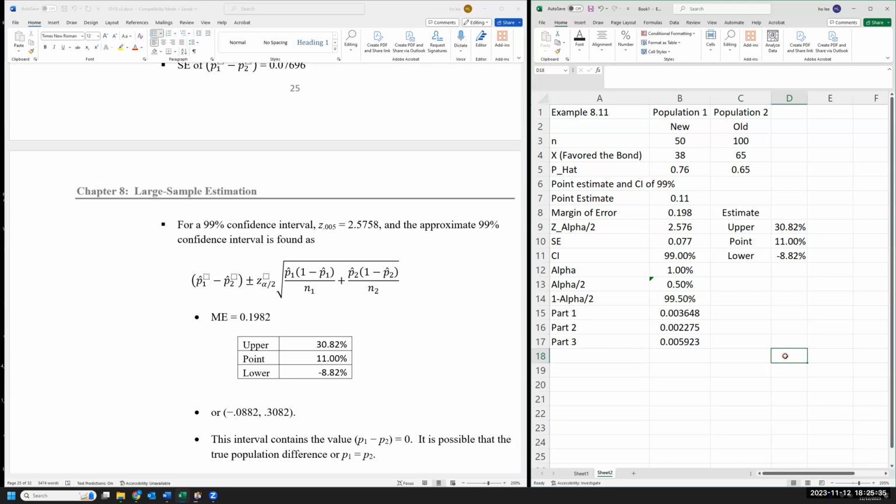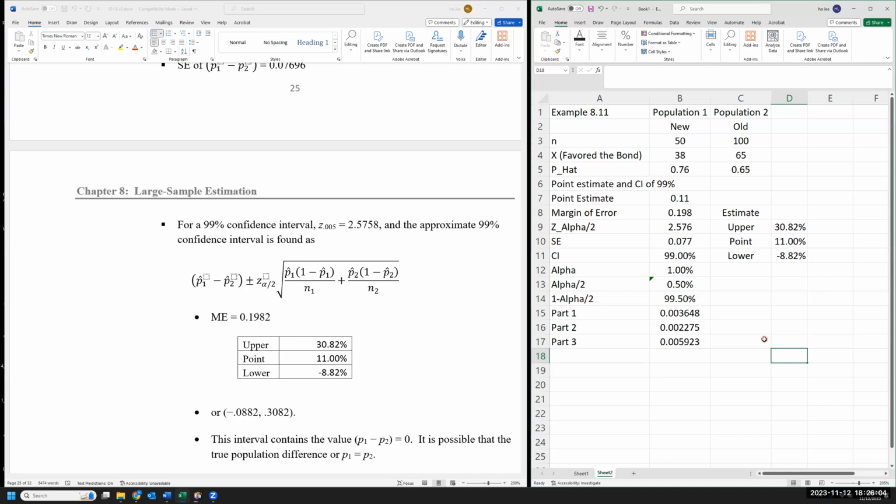With 99% confidence, we believe the difference between population 1, people in the new area that support the bond, versus people in the old area that support the bond, is about 11%. And our 99% confidence bound is between -9 and 30%.